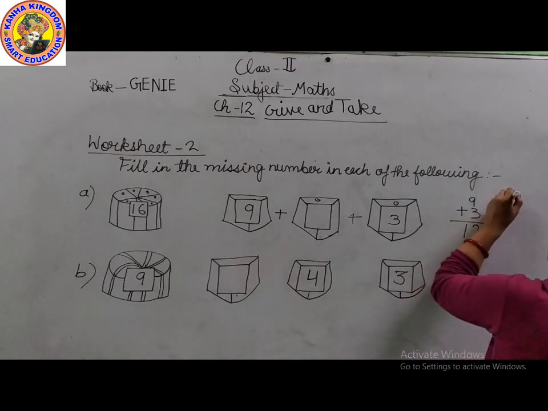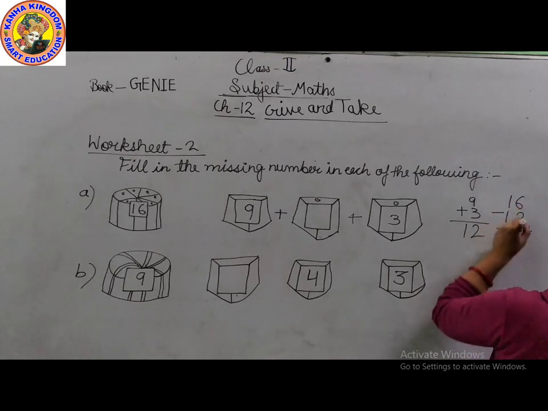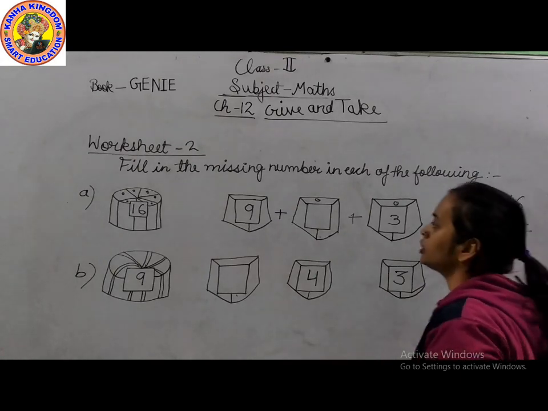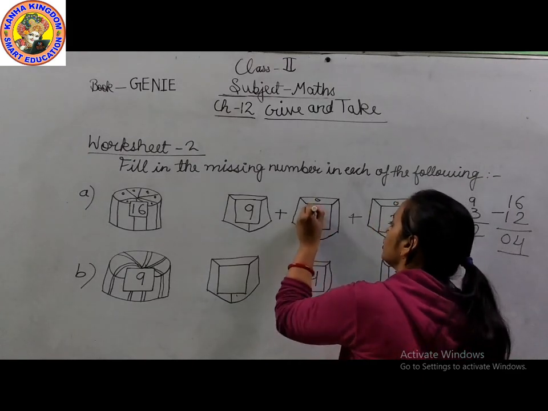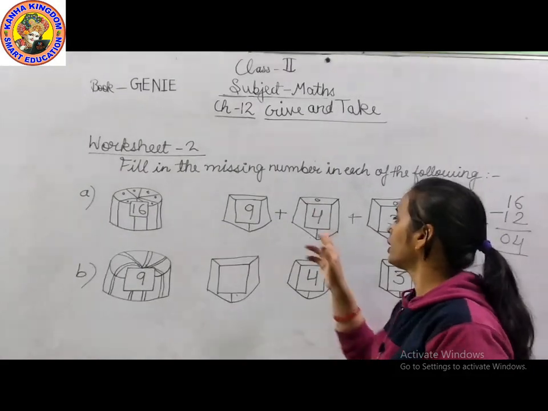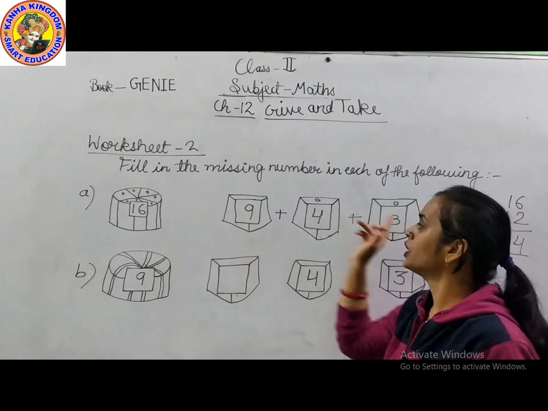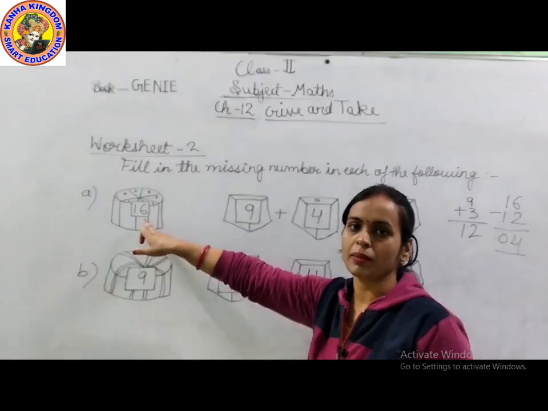Now 16 minus 12. So 6 minus 2, 4. Then we write here 4. Okay. So we add 4 in 9 and 3 to get 16.